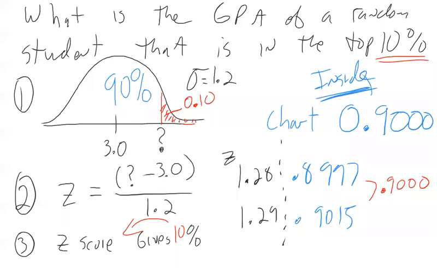Now, the big question here, which one do we use? You can use both. Why? Would you use the 0.8997? Why? One's counting for a little more, one's counting for a little less. Perfect. So everyone is correct. If Ben likes this one because it's the closest, perfect.